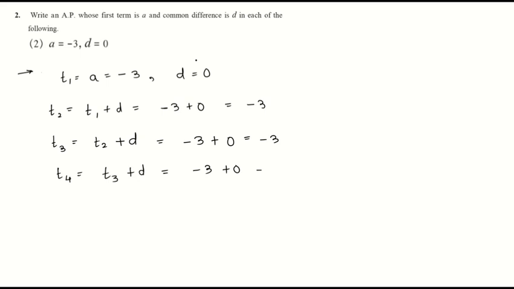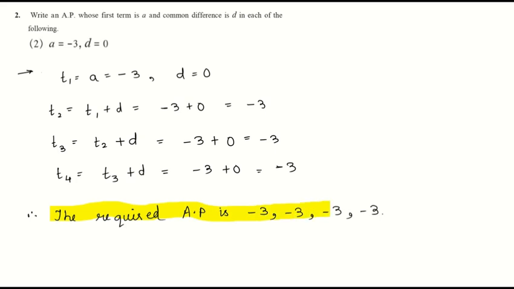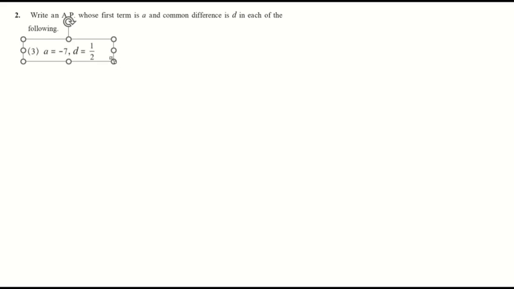T3 is minus 3 that we got, and again we got the same number, minus 3. Therefore, the required AP is minus 3, comma, minus 3, comma, minus 3 and so on. Moving on to the next question.